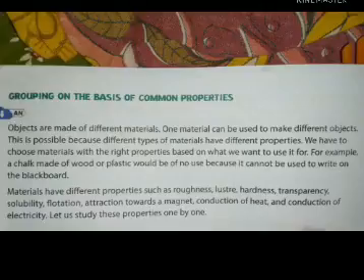Let us think, for example, a chalk made of wood or a chalk made of plastic would be of no use, because we cannot use a wooden chalk or a plastic chalk to write on the blackboard, isn't it? So a chalk should not be made of wood or plastic.